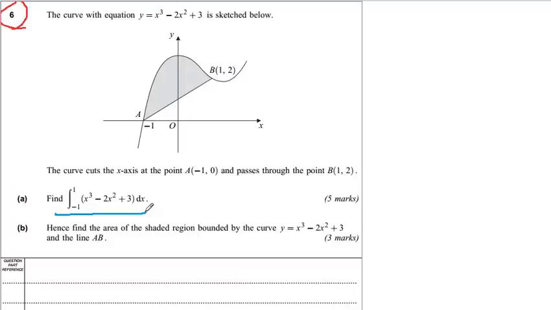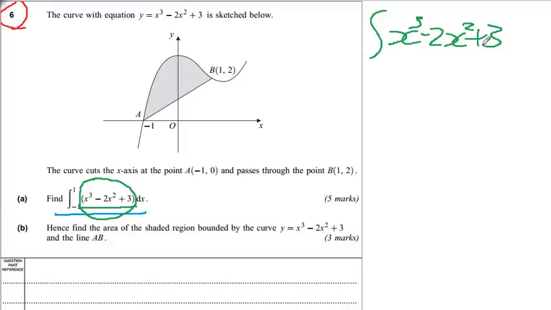Let's just integrate as if we were integrating generally, for this x cubed minus 2x squared plus 3. So, as I'm sure you know, when you integrate any form of x variable or other variable, what you want to do, here we go, integral of x cubed minus 2x squared plus 3, just write it up there to make it easier.